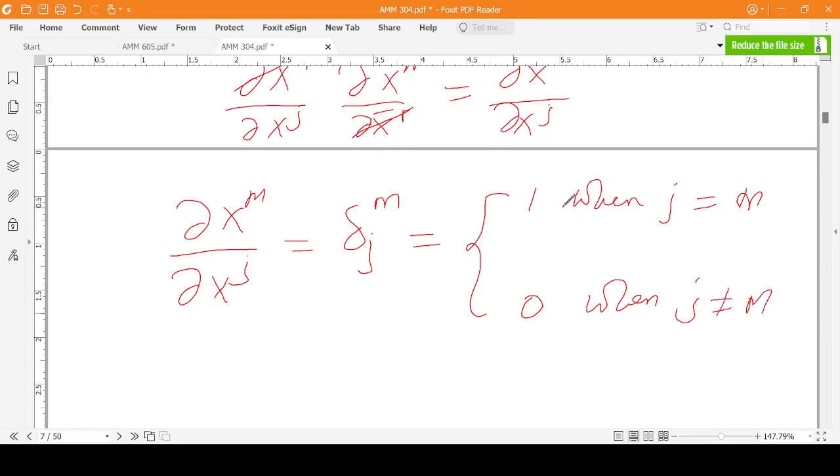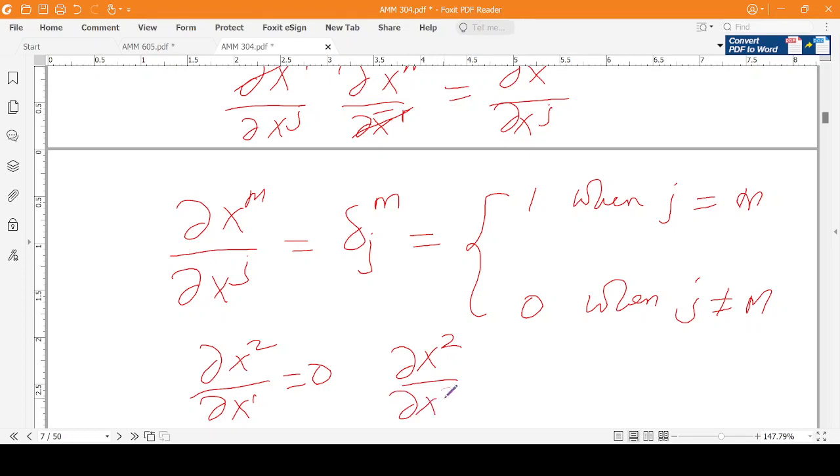See that when you are differentiating partially, for example, dx2 with respect to x1, you get 0. But if you write dx2 with respect to x2, this one will be 1.